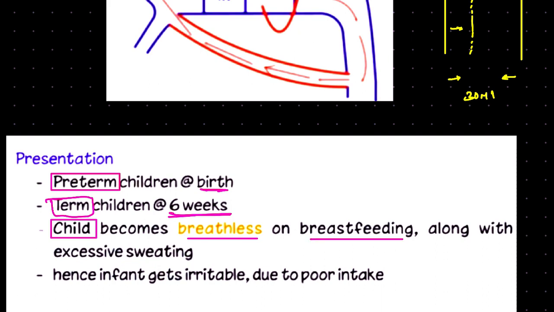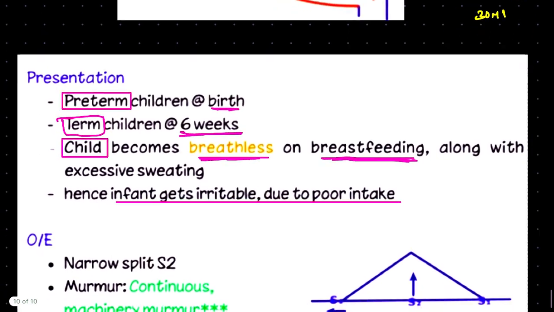The oxygenated blood that is supposed to reach the descending aorta is not going completely there; it is going back into the heart. Since the child is not able to breastfeed properly because of breathlessness, infants get irritable because of poor intake.